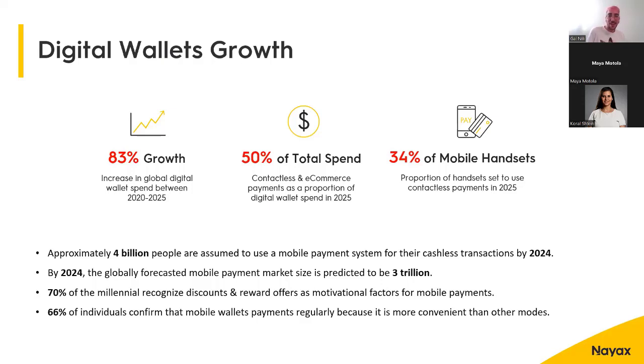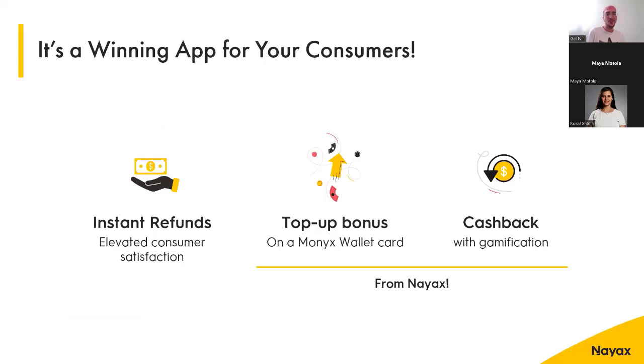Now, after saying all of that, I'd like to talk a bit more about the benefits that Monyx offers. There are two sides to this story. As you know, Monyx is a B2C app, so we have the consumer and we have you, the operators. I will start with the consumer side. The first thing is one of their favorites, and it's instant refunds. They can get it while they're next to the machine. It's immediate, and it also saves you money.